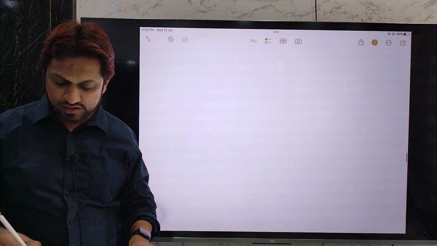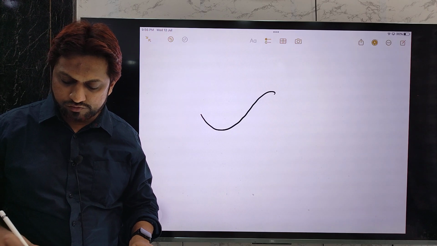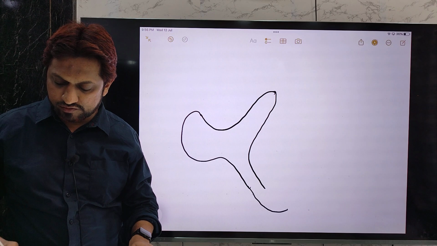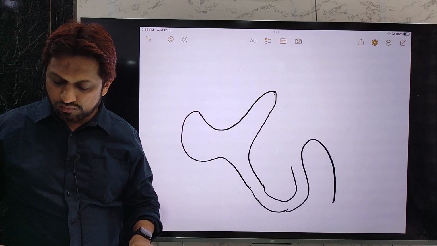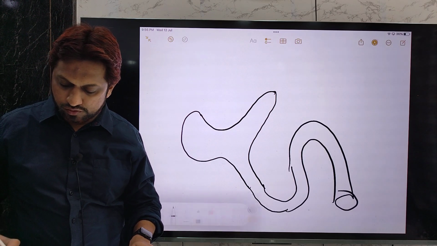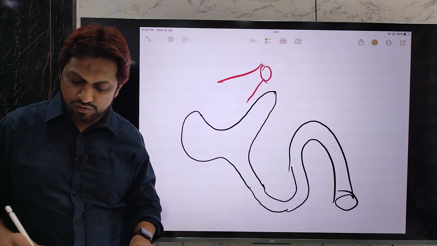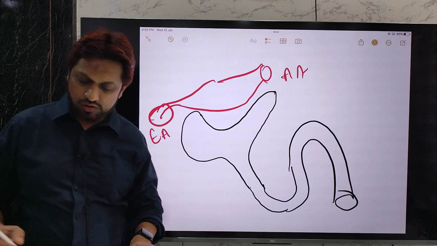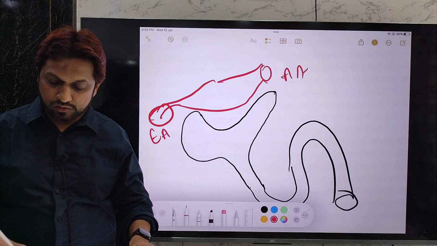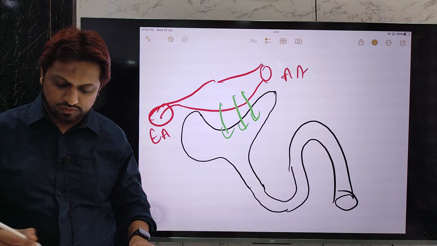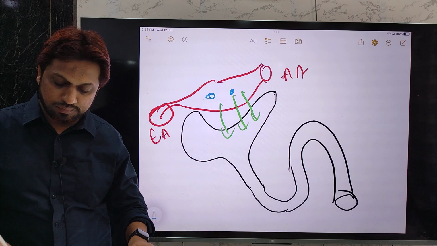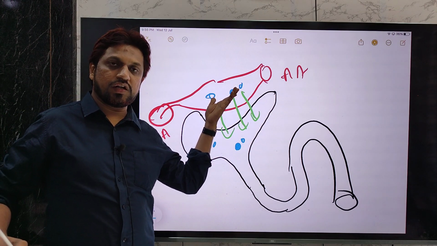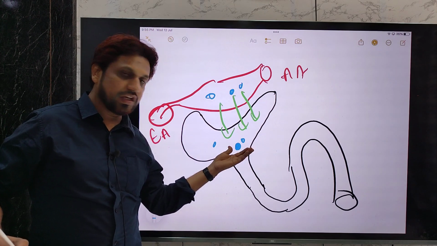We have already discussed. Again I will make you a rough diagram of the nephron to help you understand it. This is a blood vessel, the glomerulus, afferent arteriole, then efferent arteriole. Ultimately the glucose molecules are filtered from this blood to inside here. Suppose 100 milligram per deciliter of glucose is filtered here.